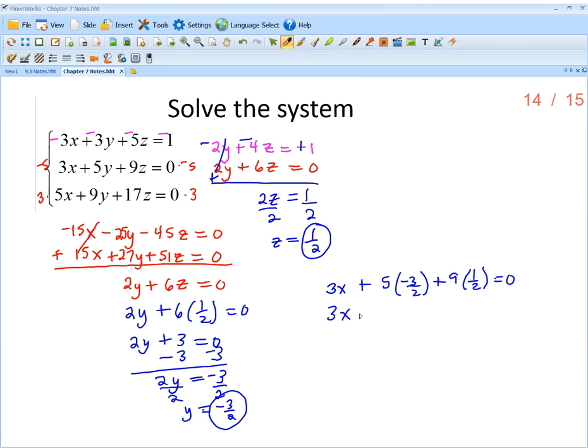I get 3x plus negative 15 halves plus 9 halves is equal to 0. 3x minus 6 halves, which is minus 3, equals 0. I get 3x equals 3, so x is equal to 1. So again, writing our ordered triple, I'm going to have a 1, a negative 3 halves, and a 1 half.